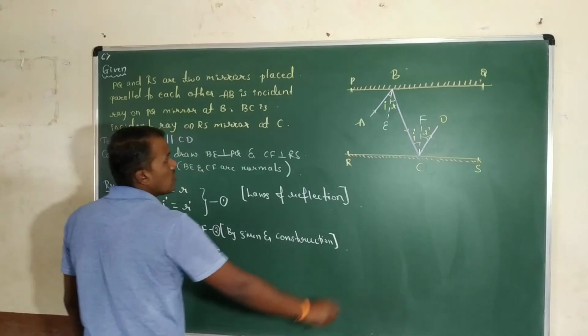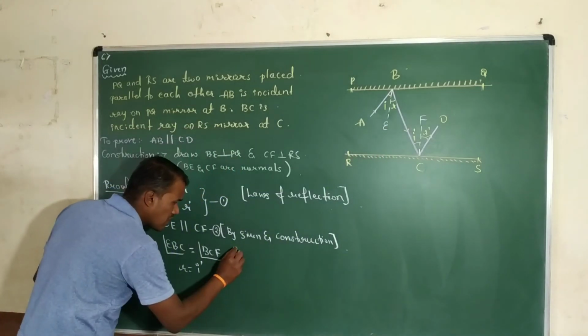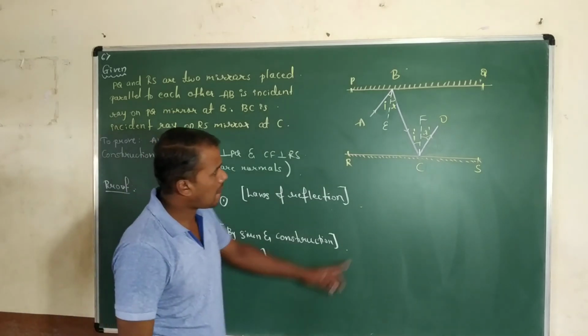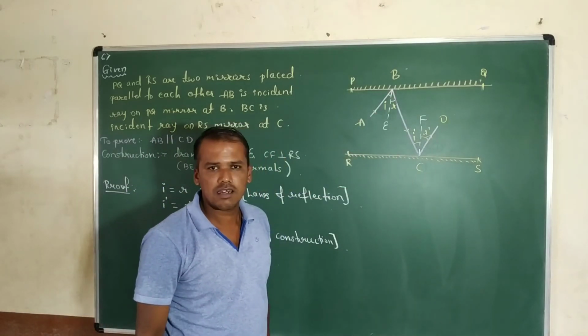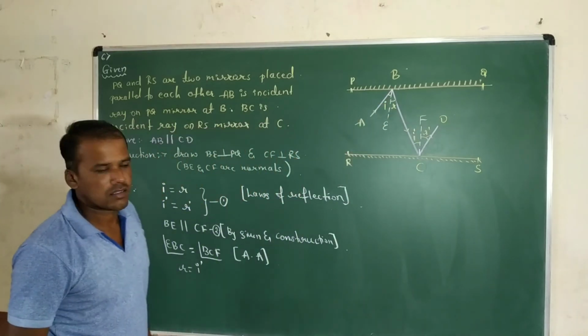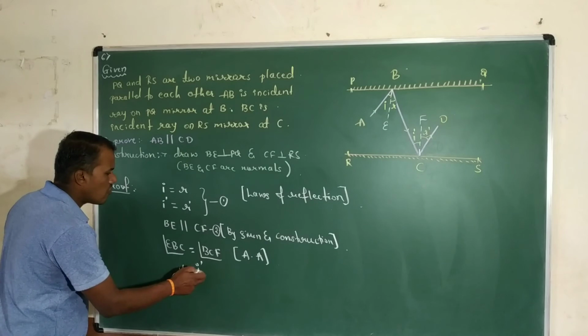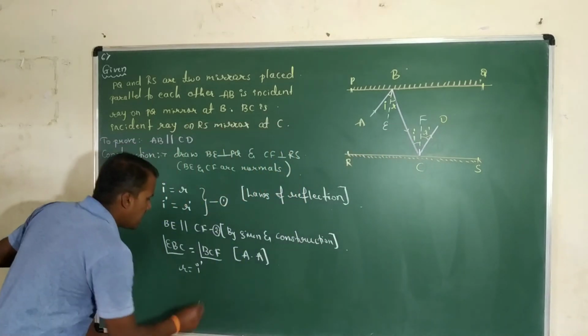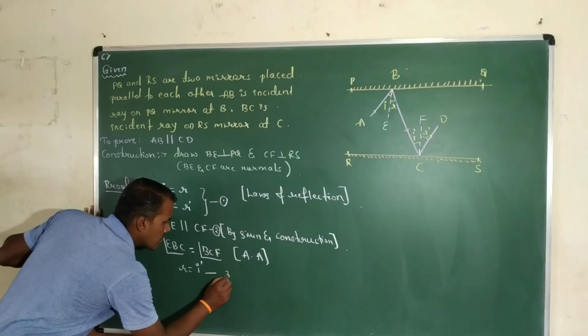Why is R equal to I dash here? Because of alternate angles. BC behaves as a transversal, and BE and CF are parallel lines. Therefore, R is equal to I dash. We proved it. It is equation 3.